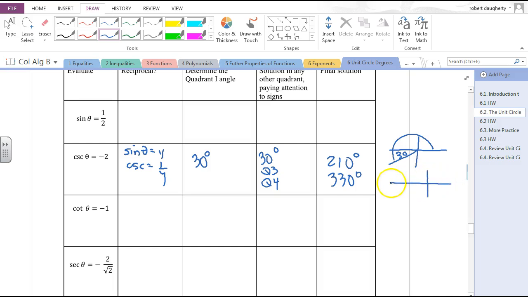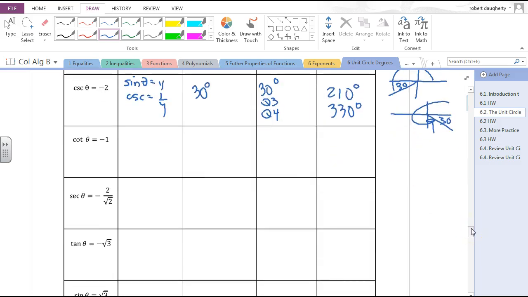For a 30-degree angle in quadrant 4, the angle all the way around is 330. Those are the two answers here. It's fine to draw it out every time. That's just a way of checking your work.